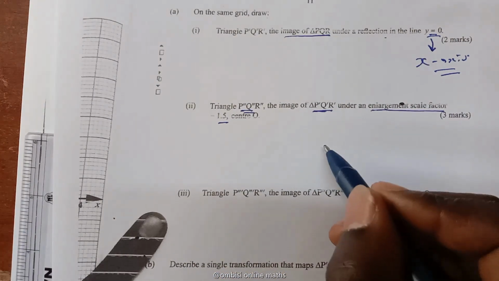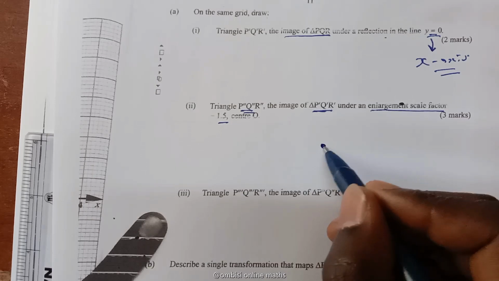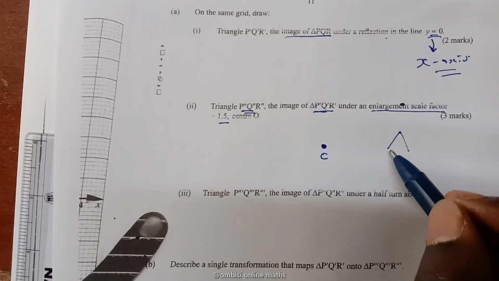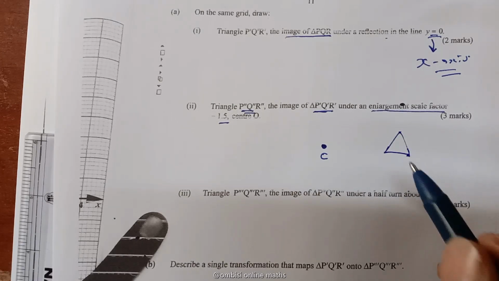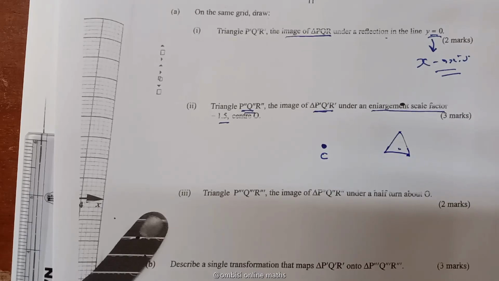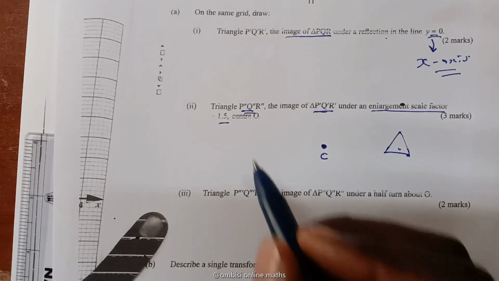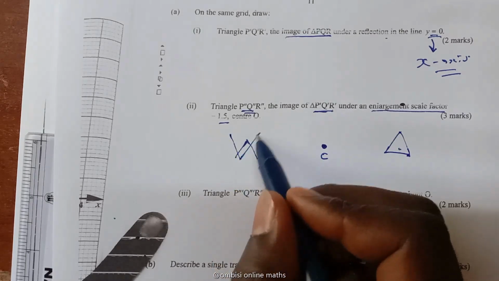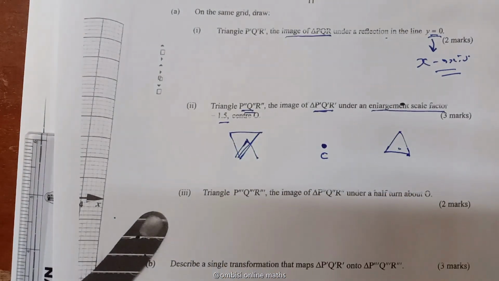It's upon you to know that if you have a center of enlargement here, and there is a figure on this side, and this figure undergoes negative enlargement, it is going to come on the opposite side of the center of enlargement. It's going to be inverted on the opposite side.